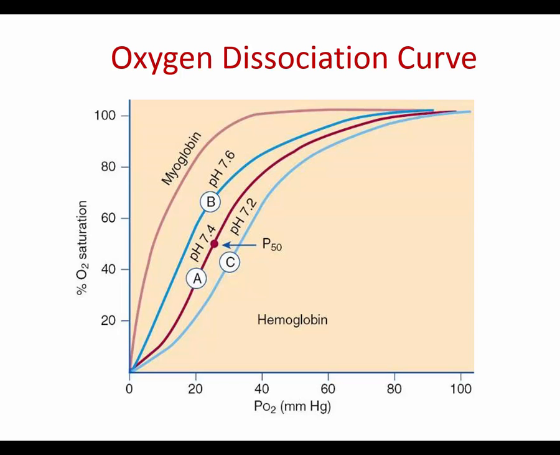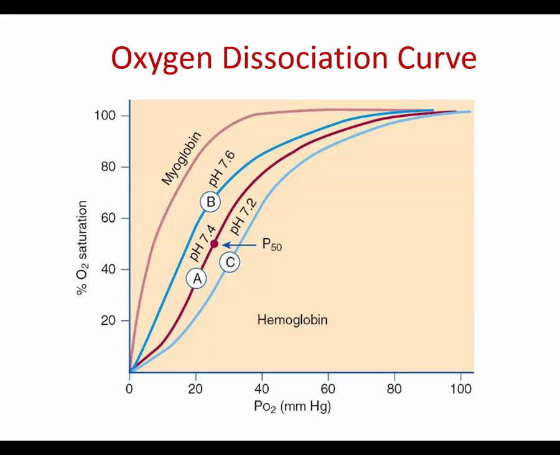Now, there are certain factors that are going to influence this graph. They're either going to move it to the right or to the left. What are these factors? Number one is the hydrogen ion concentration, aka acidity of the blood.